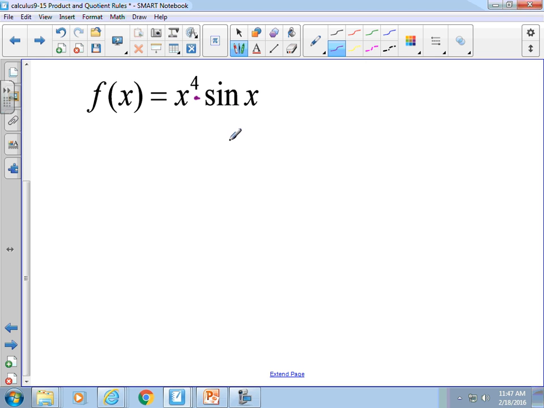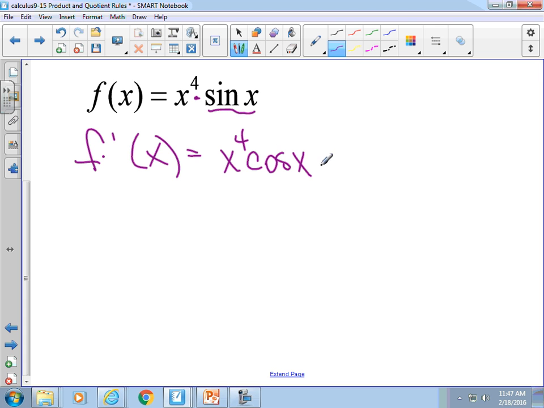If it's any two things multiplied together, you need a product rule. The only exception is a constant in front. Do you have to use a product rule for a constant in front? No. Now we learned we can just bring the constant down, but anything else? So, to do this derivative, I have to do left times the derivative of the right. What is the derivative of sine of x?